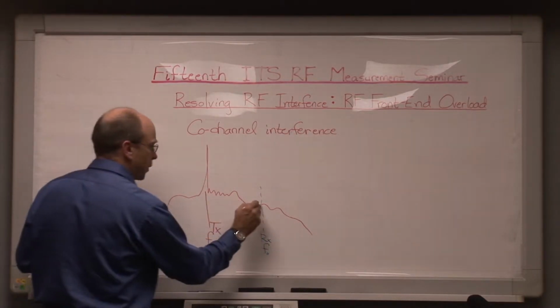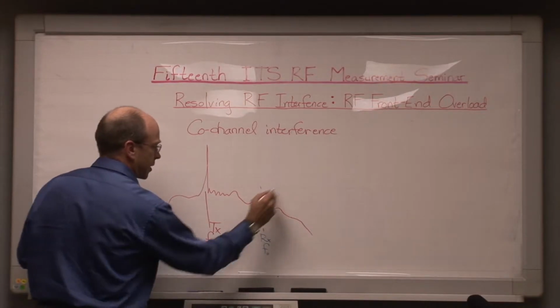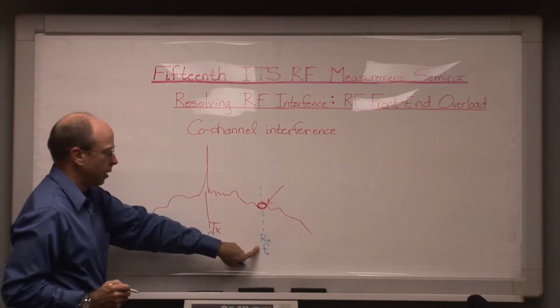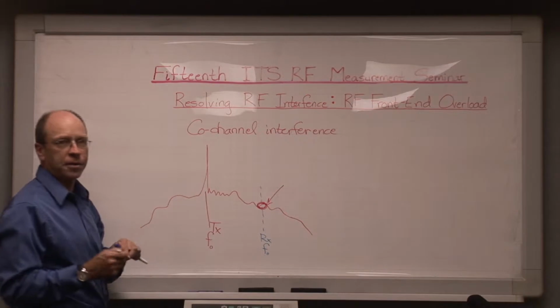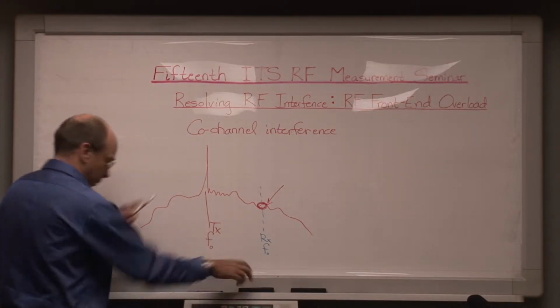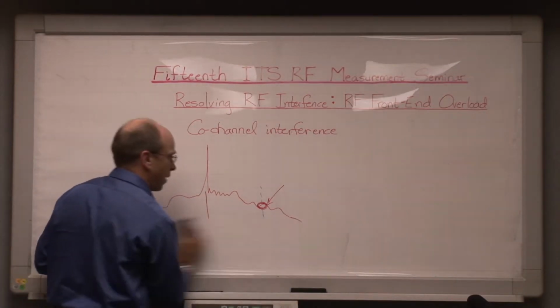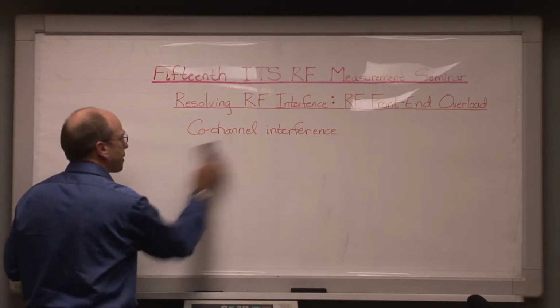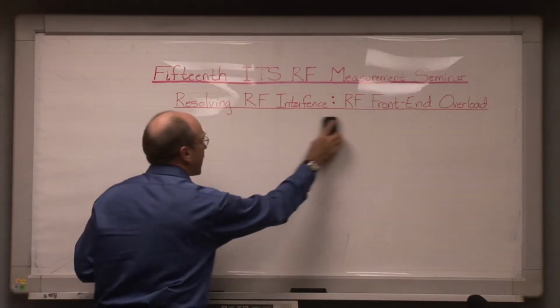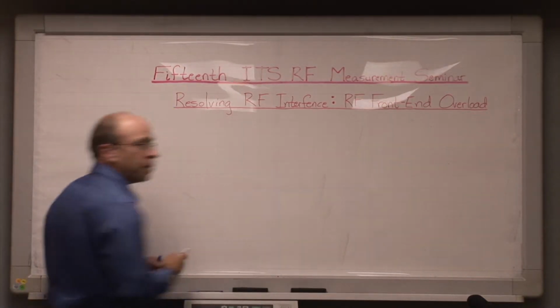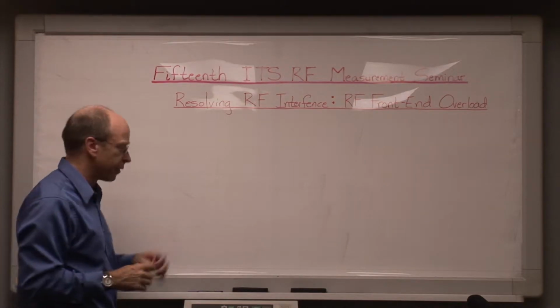And these emissions on the receiver's desired operational frequency, in fact, cause the interference effect to the receiver. That's probably, I would guess, the type of physical phenomenon that most people envision when they think about RF interference.